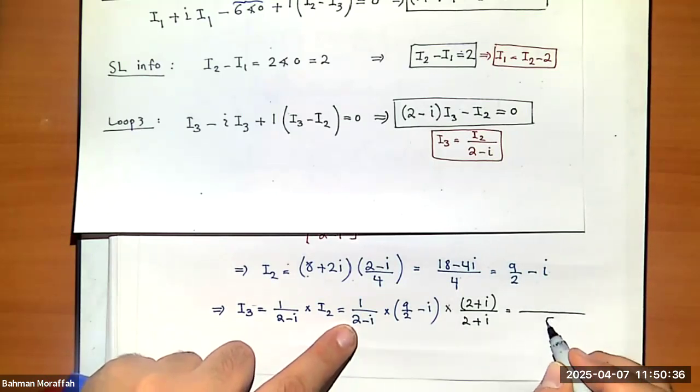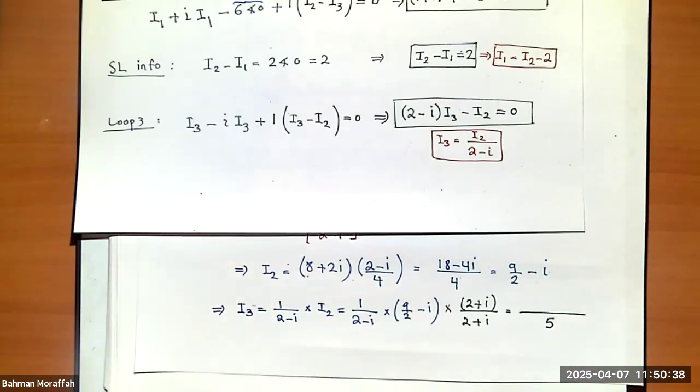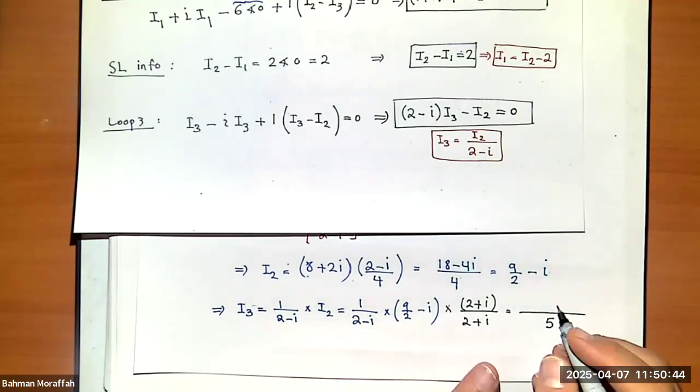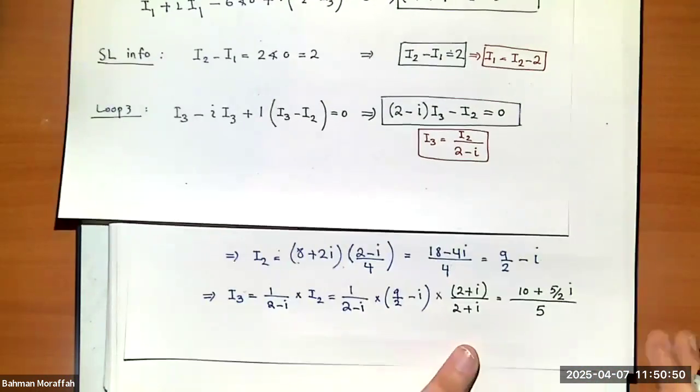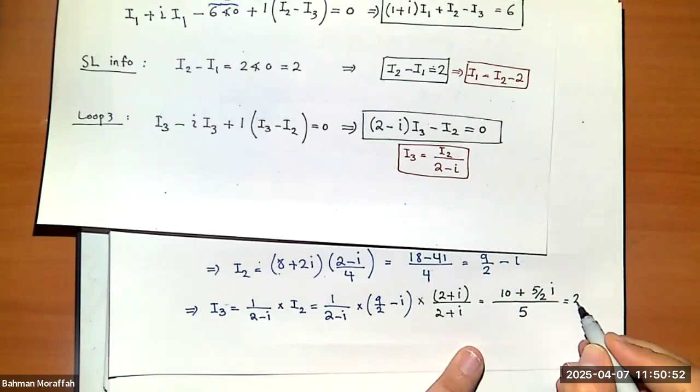That's 5, right? It's 2 to the power 2 plus 1 to the power 2, so it's 5. If I distribute the top, it's 10 plus 5 over 2 times I. Therefore, it is 2 plus half I.